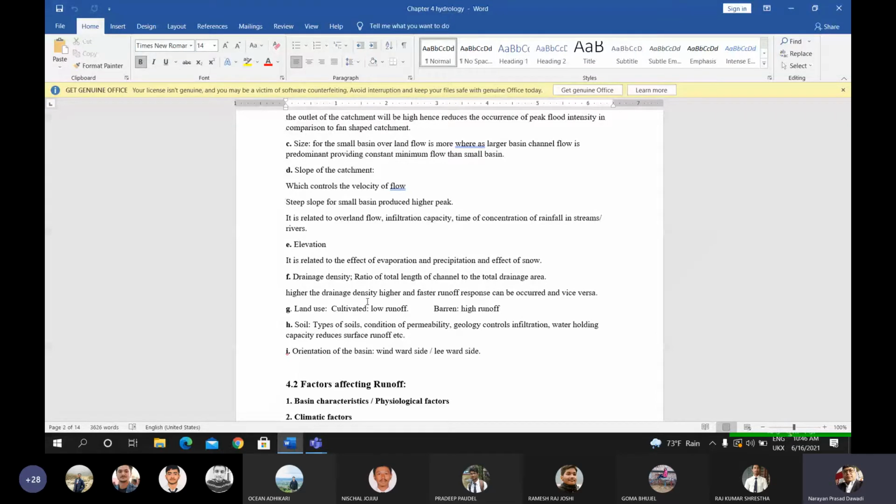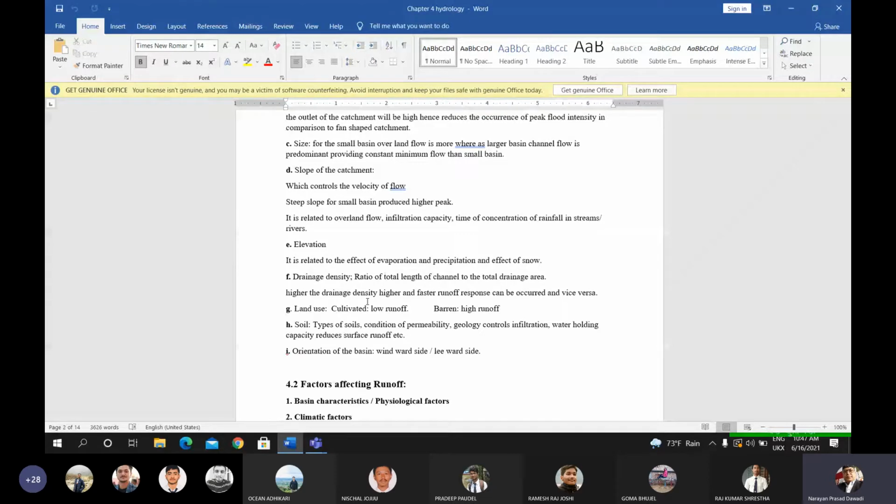They help to carry water to the main river through their channels, so the chance of having infiltration loss and other losses will be low, so the surface runoff will be high. So the main river or main basin river can be fed water by all these channels.